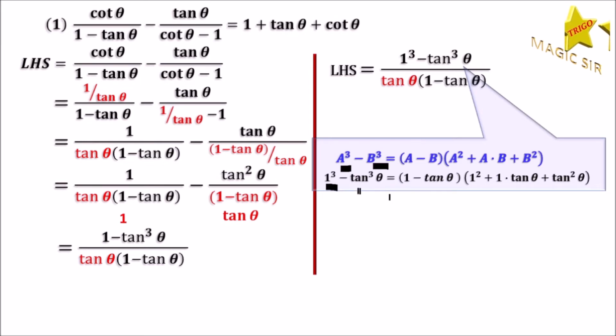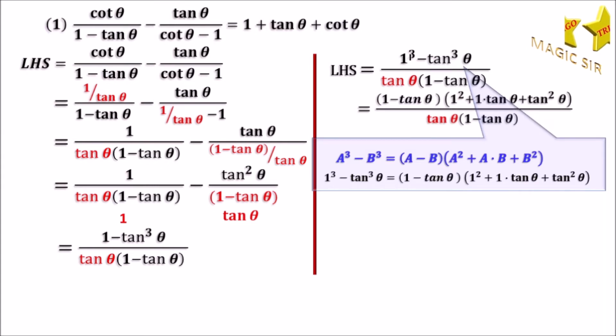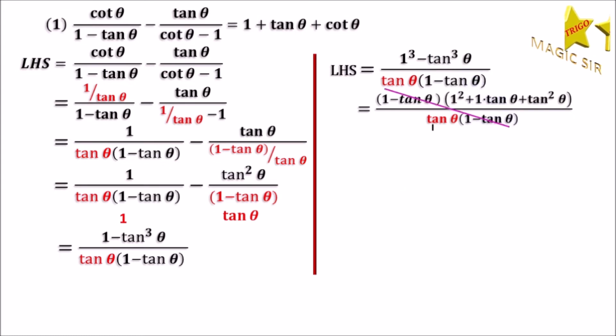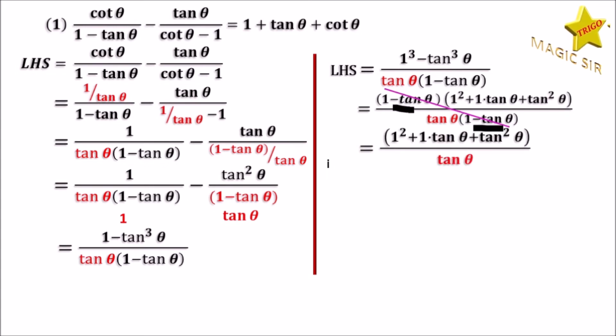Suppose a equal to 1, b is equal to tan theta, then a minus b is equal to 1 minus tan theta, a square equal to 1 square, a into b equal to 1 into tan theta, and b square equal to tan square theta. So our LHS is equal to 1 minus tan theta into 1 square plus 1 into tan theta plus tan square theta upon tan theta into 1 minus tan theta.